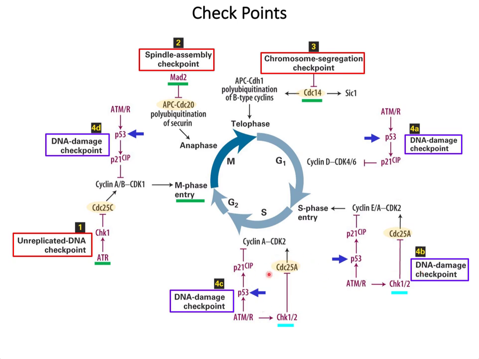Likewise, you have over here, the ATM can activate CHEK2, which inhibits CDC25A, which again would activate this cyclin. And so two of these DNA damage checkpoints have an added level of security to them. And that makes sense, for example, because this is just when the cell is entering the S phase and when the DNA is actually being replicated. You don't want to replicate your DNA if you have damaged DNA.